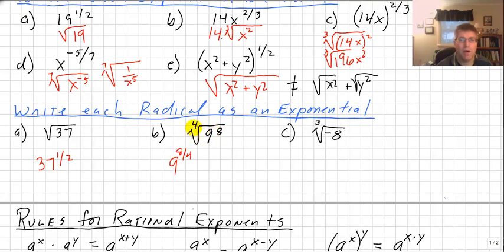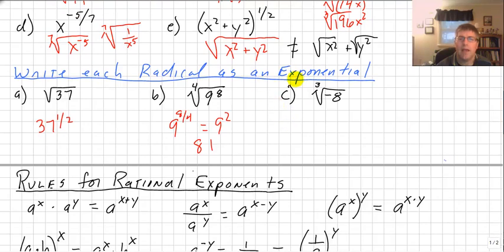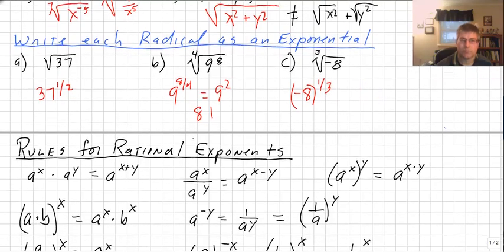Power, I have the 8th power, the 4th root, which is 9. 8 over 4 is 2 over 1, so that's 81. And the cube root of negative 8, that's negative 8 to the 1/3 power.